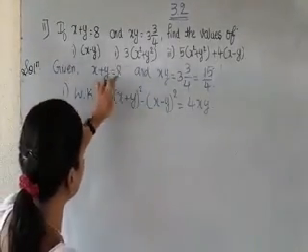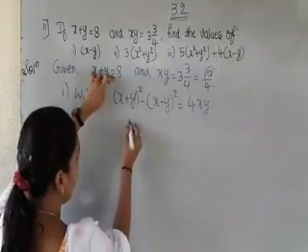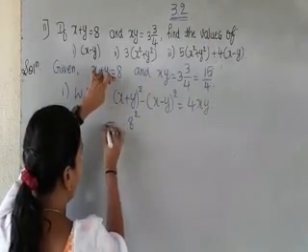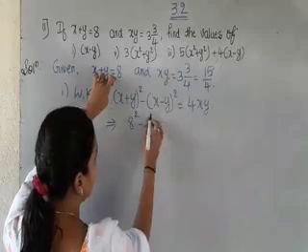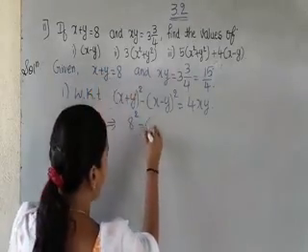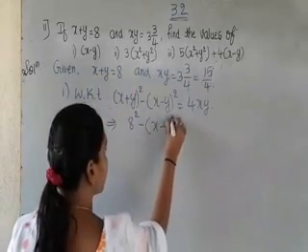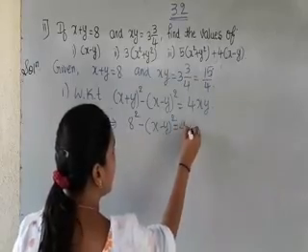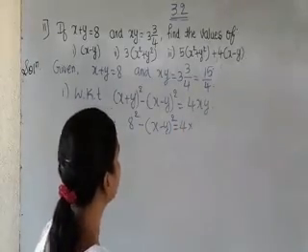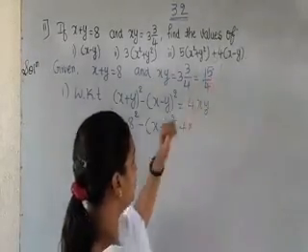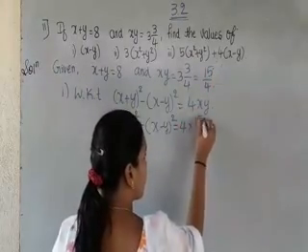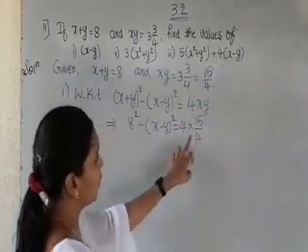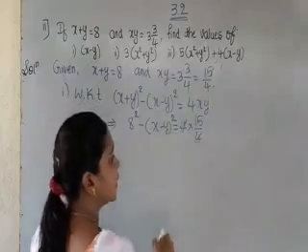x plus y is 8. 8 square minus (x minus y) value we have to find, right, as it is equal to 4 into, what is the value of xy? 15 divided by 4. So 4 into 15 by 4, 4 and 4 will get cancelled.